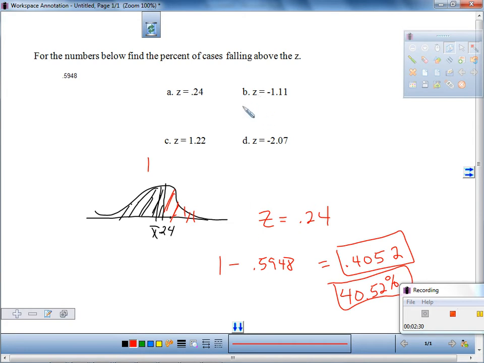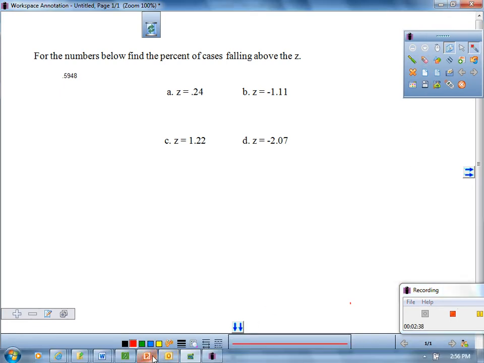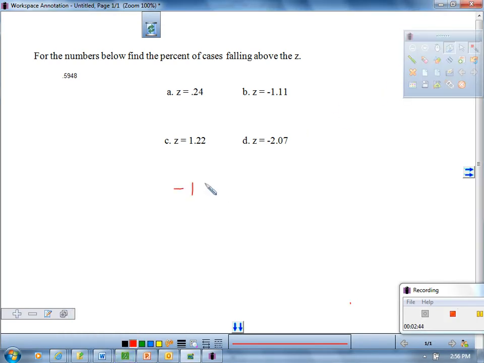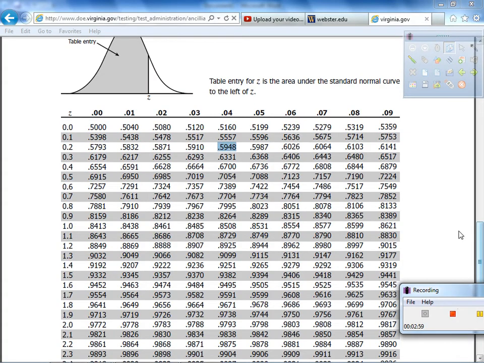Alright, so let's look at B. With B, we're given a z-score of negative 1.1. We're going to do the same process, so let's go to our table and look up negative 1.11. Here's our table.